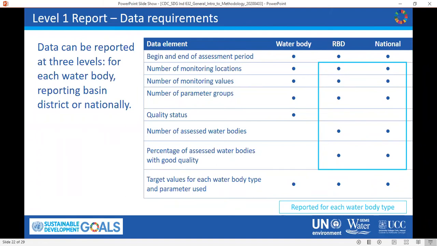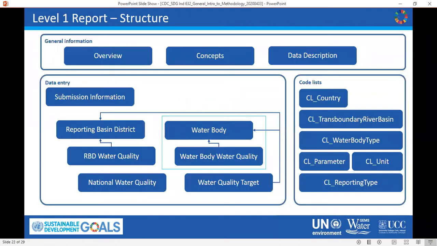In the following, I will quickly give an overview about the reporting template that we will provide to you and ask you to report the indicator data. The reporting template is provided as an Excel spreadsheet and contains several tables, as you can see on this slide. The first 3 tables include general information.